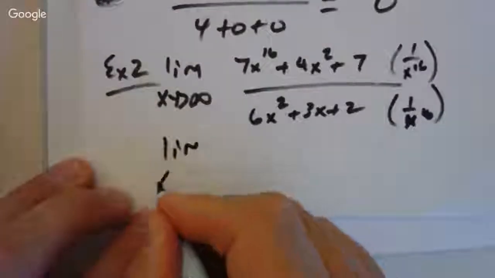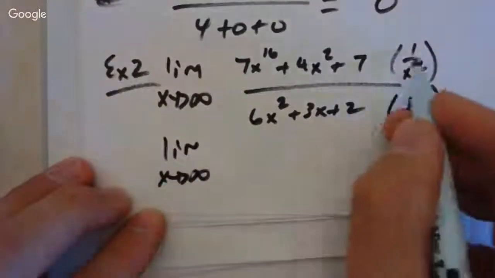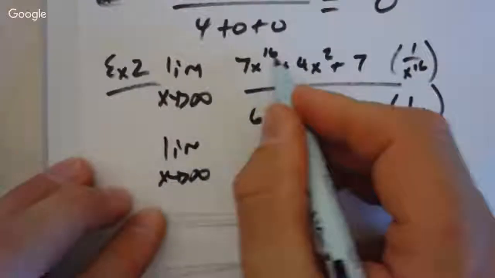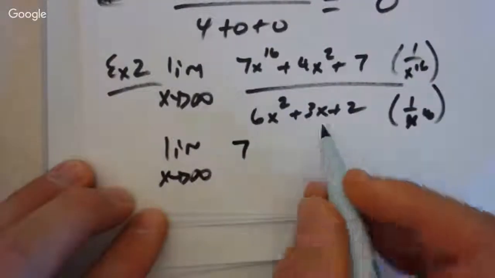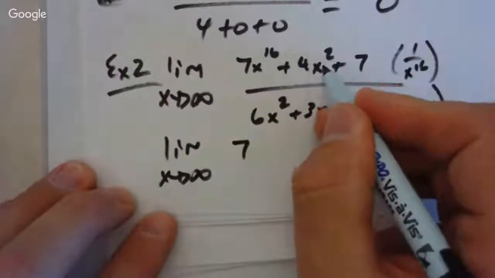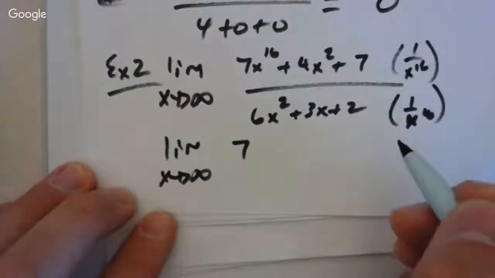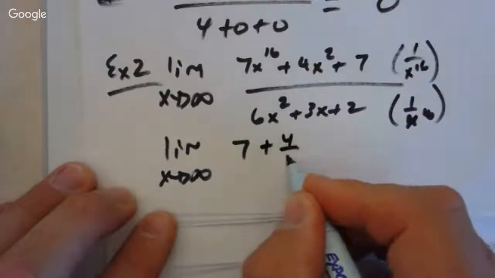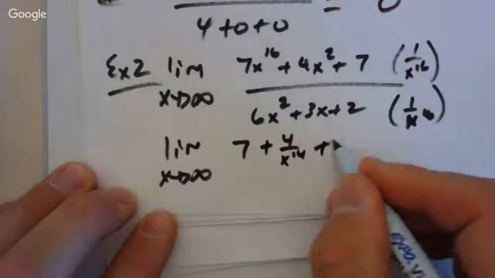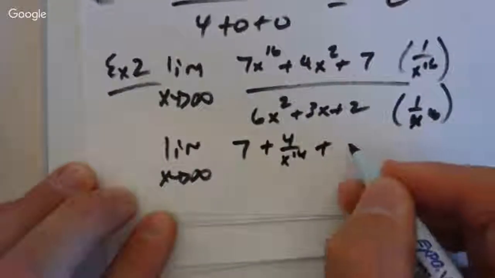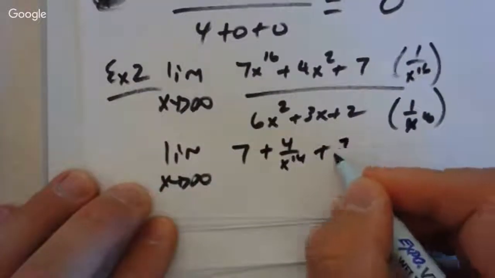So limit as x goes to infinity. Notice I'm going to skip a step here. So 7x to the 16th over x to the 16th is just 7. Plus 7 over x to the 16th.